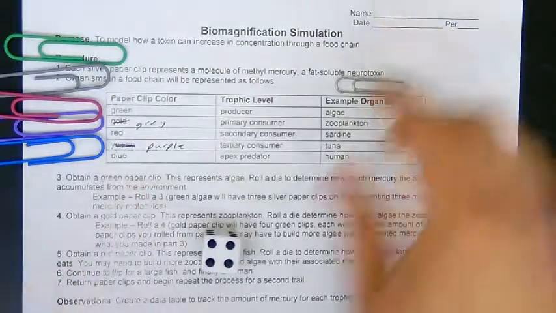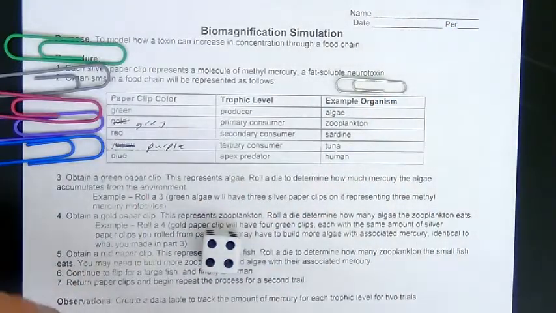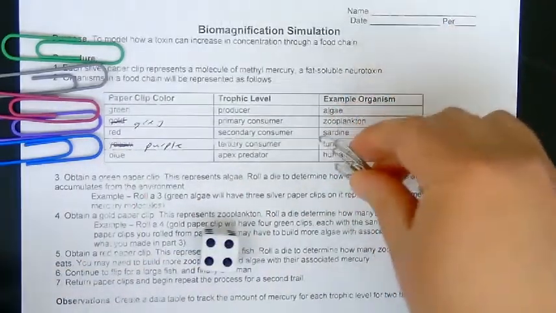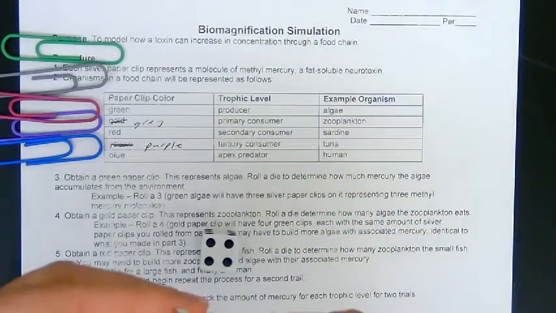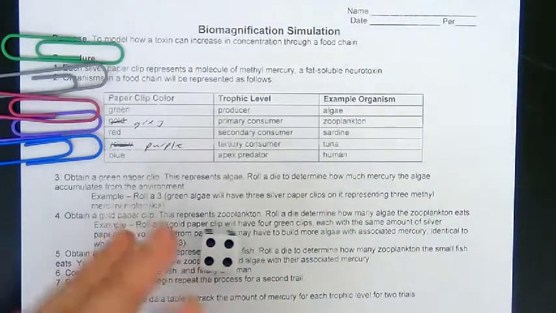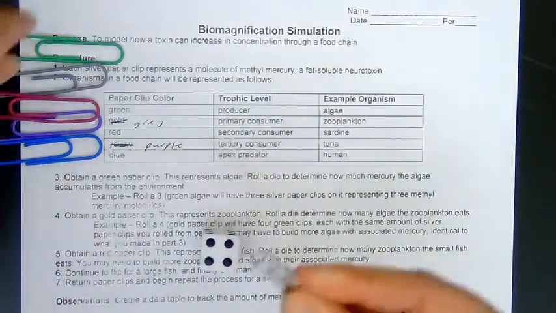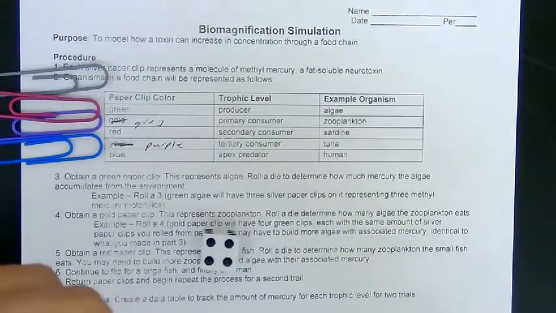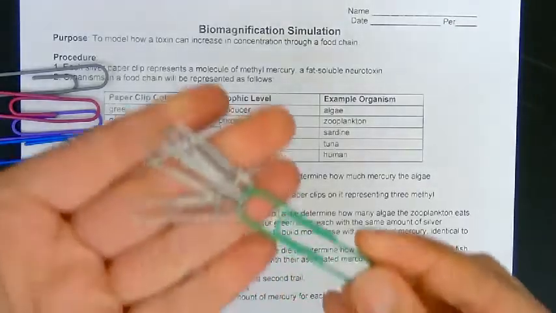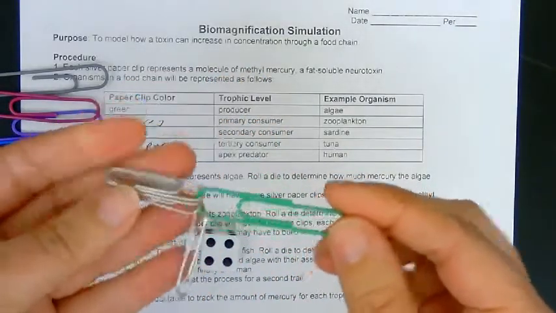So I rolled a 4, so I'm going to take 4 silver paperclips representing mercury, and I'm going to attach them by linking them together onto this green algae paperclip.